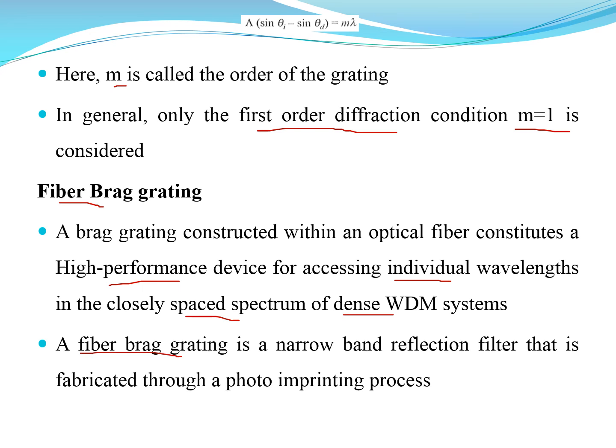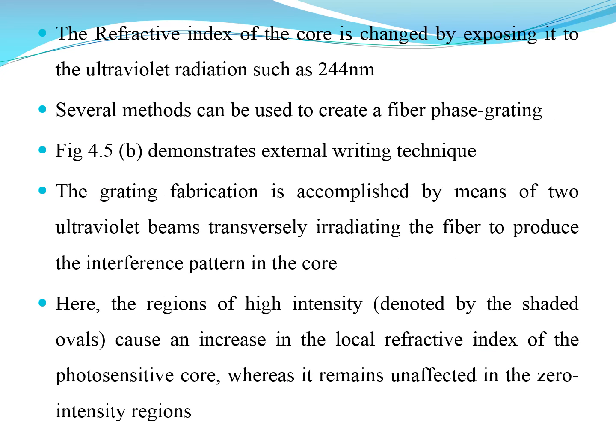The fiber grating is a narrow band reflection filter, which is fabricated using a photo imprinting process. The refractive index of the core is changed by exposing it to UV radiation.